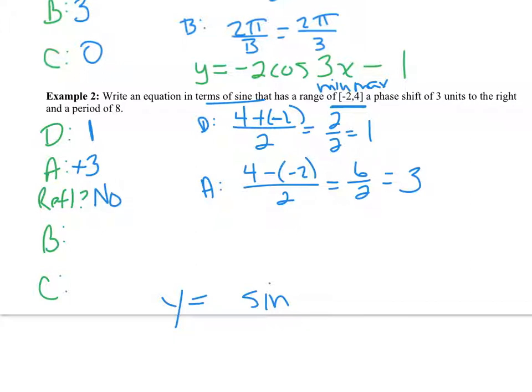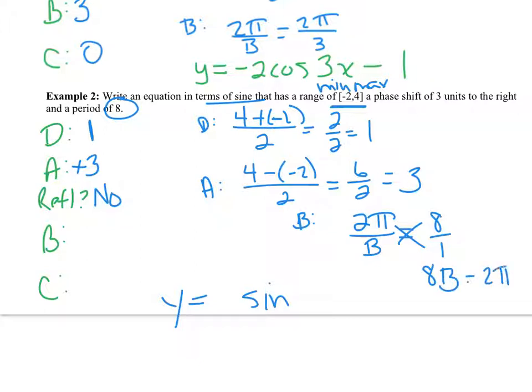To figure out B, I take 2 pi over B and set it equal to the period of 8, and solve. So I'm going to cross multiply: 8b equals 2 pi. So divide by 8, and b is equal to pi over 4. Reduce.